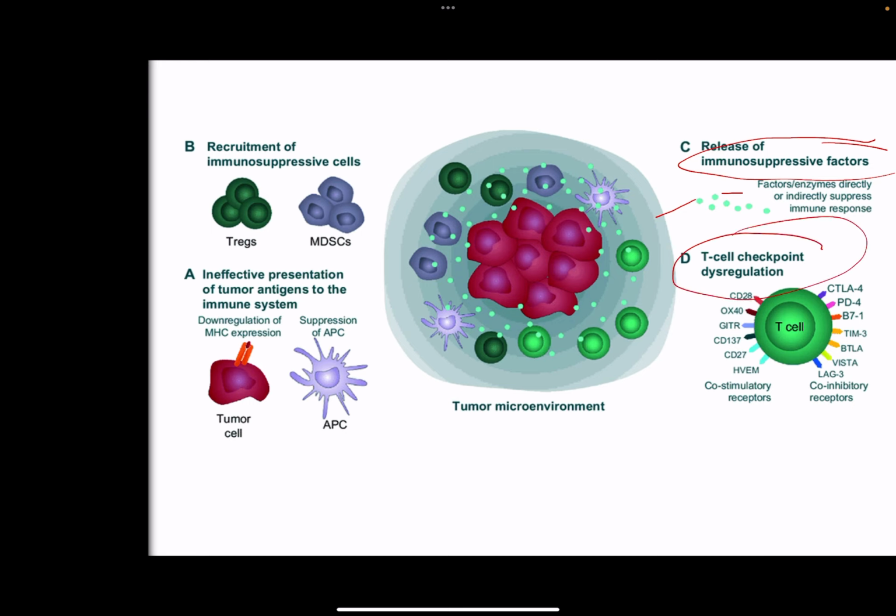Here, we're going to try to stop T cells from creating more of the clones. Here we have not allowing active antigen presentation, so that you're not calling in more of these white blood cells, and then again, suppressing more white blood cells.